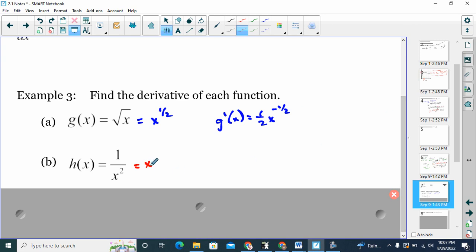So 1 over x squared, that's the same thing as x to the negative second. And now I can use the power rule. Negative 2 out front. Subtract 1 from the exponent. Since this was written with a denominator, we probably should write the answer that way over here as well. Negative 2 over x cubed.